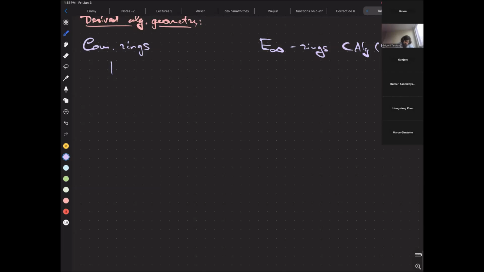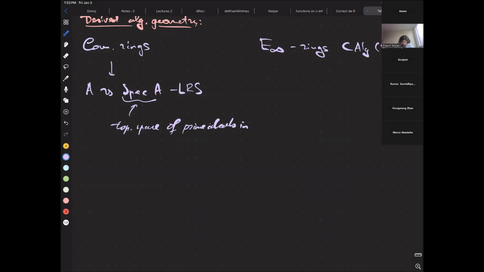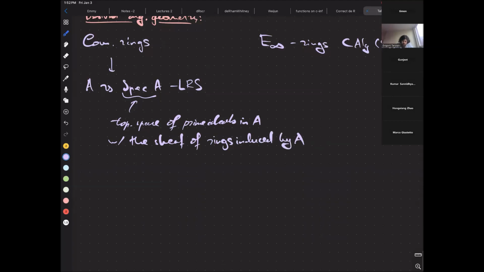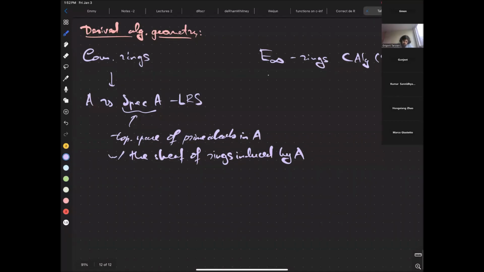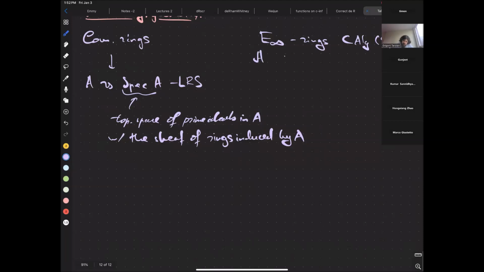So on this side, if you have a ring A, you can build Spec A, which will be some sort of locally ringed space, where this is a topological space of prime ideals in A with the sheaf of rings induced by A. And here, if you have an E infinity ring A, you can also build Spec A, which will be an E infinity coherent space.